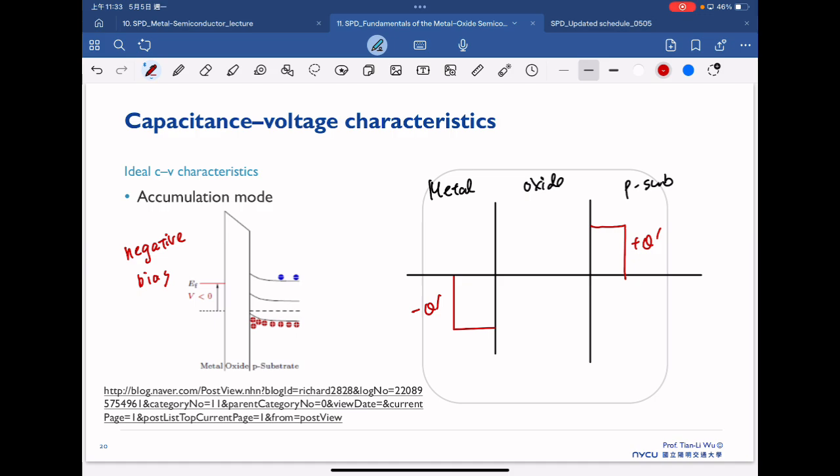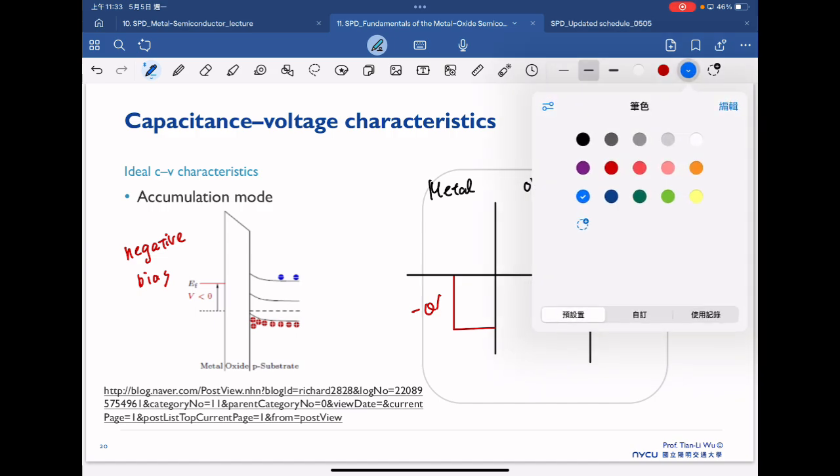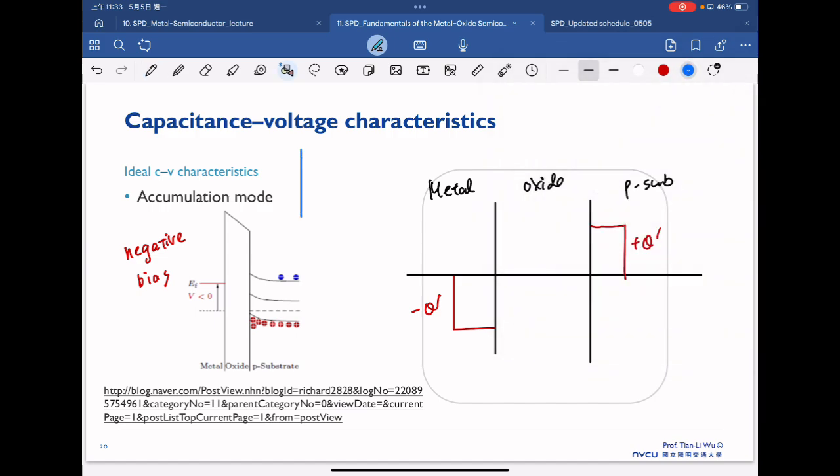Because of this, when we consider the capacitance, we apply a constant DC bias, but in the meantime we also apply an AC signal.